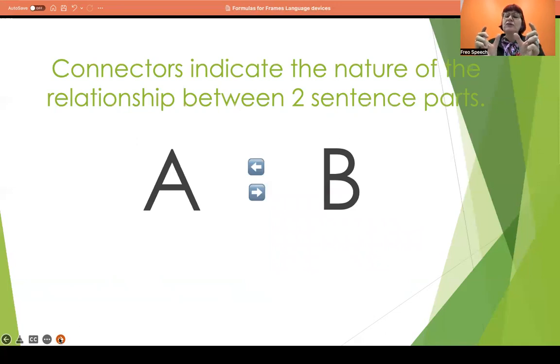So you've got the key component, it was raining outside, which is A, and then you've got part B, and when you put them together, there is a relationship between them.